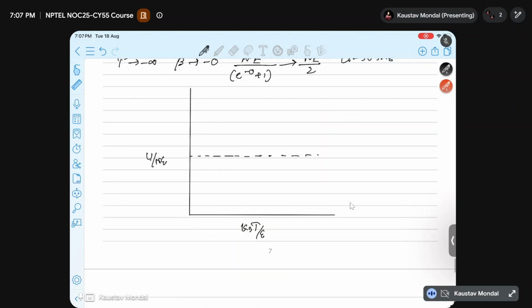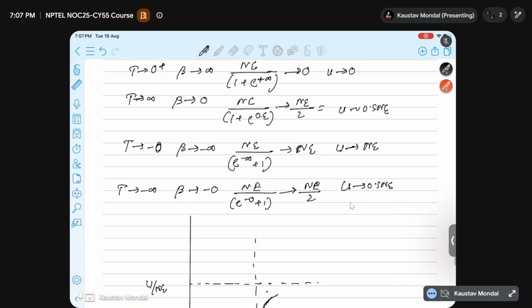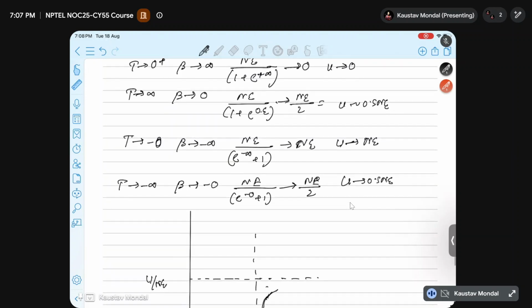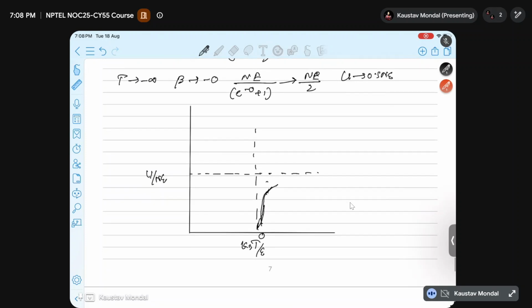So it will move like this. Now if you move to infinite temperature, it will become 0.5 Ne, so it will try to approach the 0.5 mark at infinity.